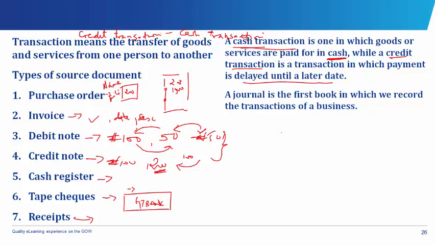We have the general journal and the specific or special journals. So we have the general and the specific. Each record in the journal is called an entry.